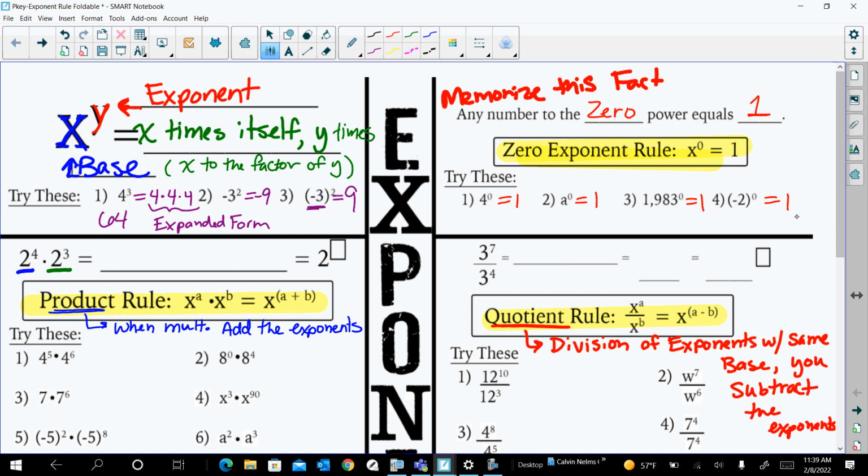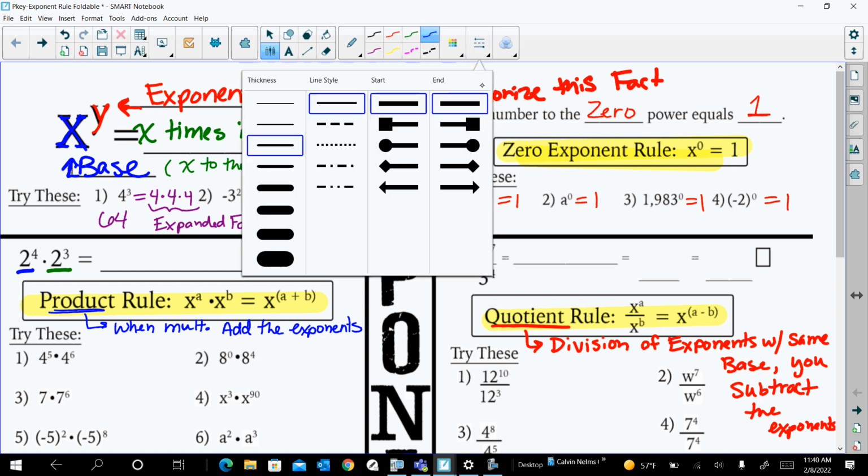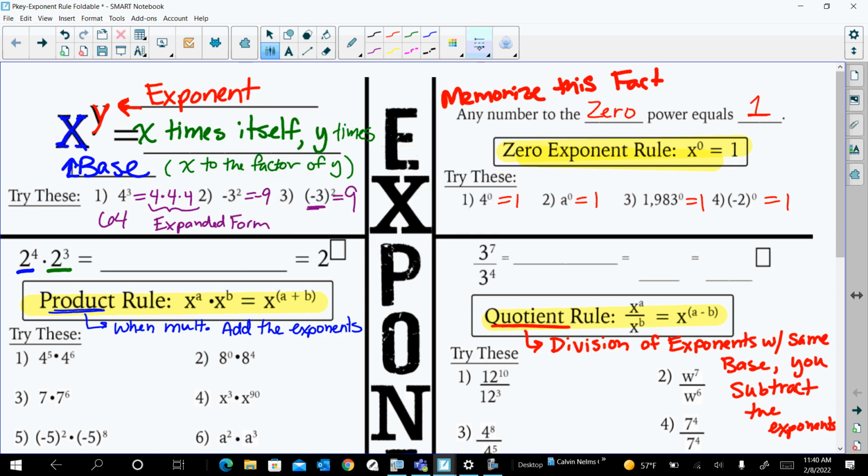Now, the product rule we've done already. We started it when we did operations with binomials. But I'm going to show you how it works. I'm going to give you the expanded form so you can see the rule. If I do this base 2 to the 4th power, that means I have 4 factors of 2. So I'm going to write 2 times 2 4 times.